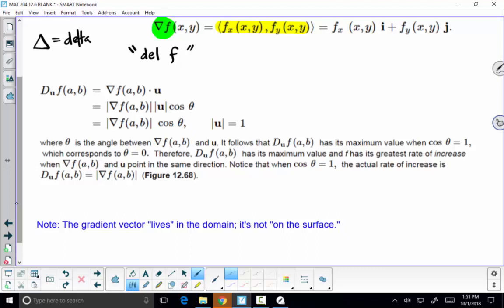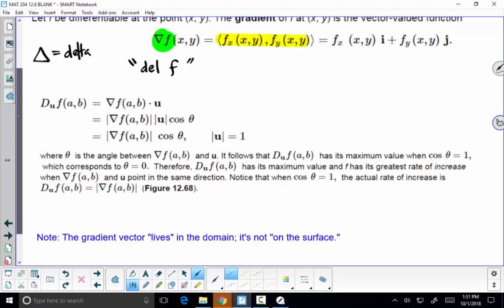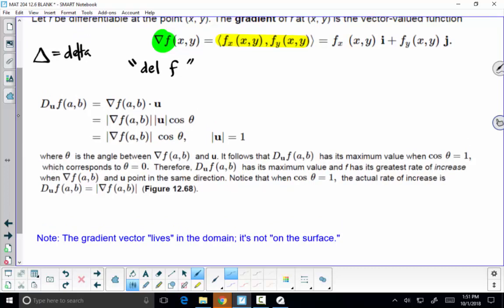An operator does the same thing for functions. An operator takes a function and spits out another function. So an operator is a function on functions. So when we do del f, it's giving us another function. In this case, it's a vector valued function, because we take our function f, apply this operator, and get out a vector function. So an operator acts on functions, like a function acts on numbers. It's kind of one step up.